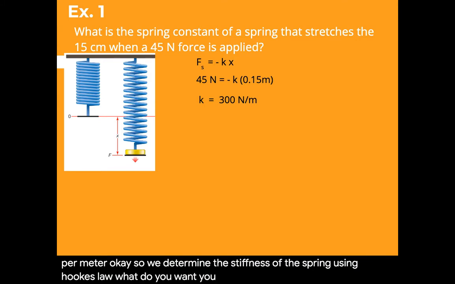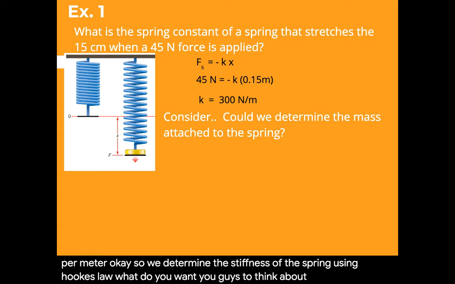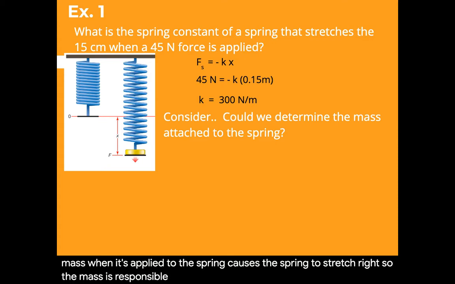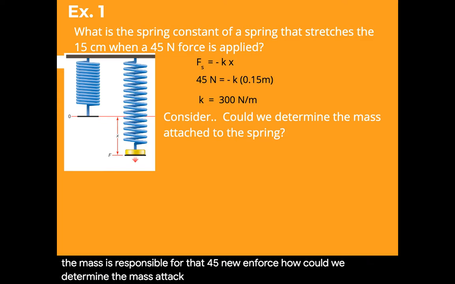What do I want you guys to think about? We know that the mass, when it's applied to the spring, causes the spring to stretch, right? So the mass is responsible for that 45 Newton force. How could we determine the mass attached to the spring?